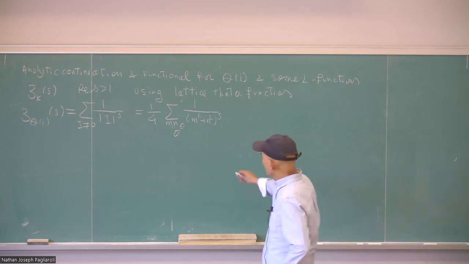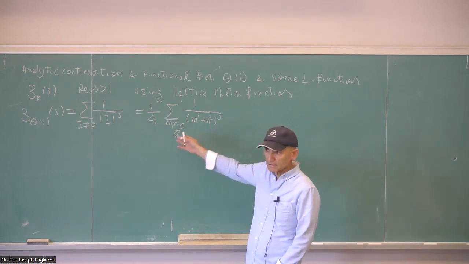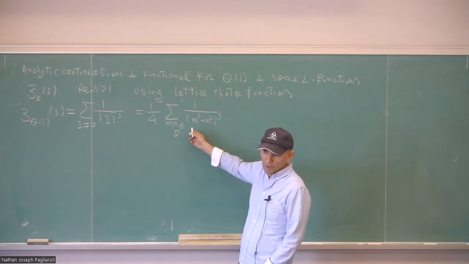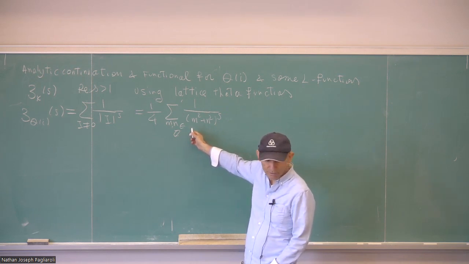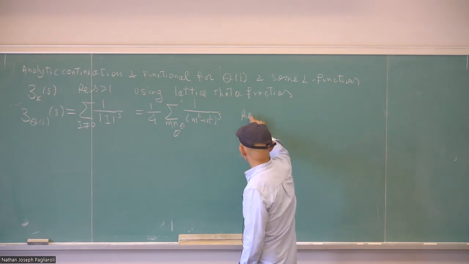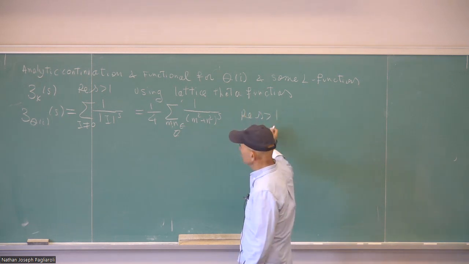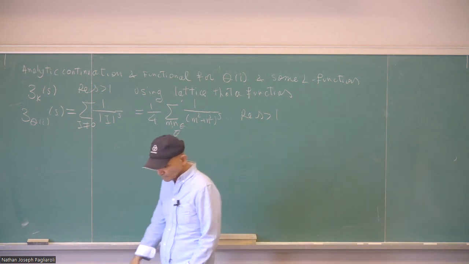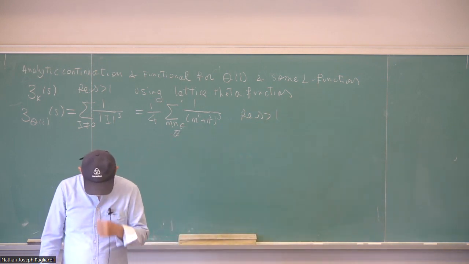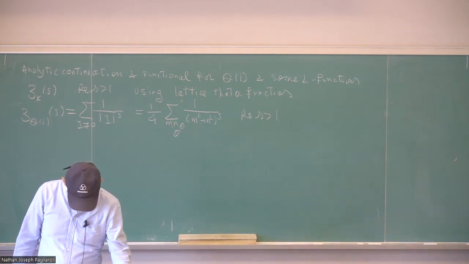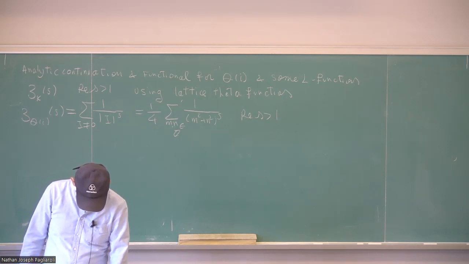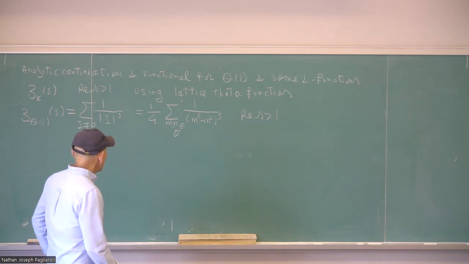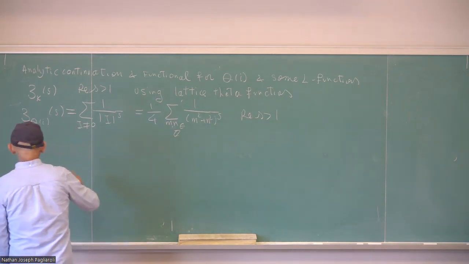So, of course, when you look at it like this, obviously this is holomorphic for real part of s bigger than 1. You can just use simple calculus to prove that. But the question is why it can be analytically extended. Now, let us introduce the theta function.